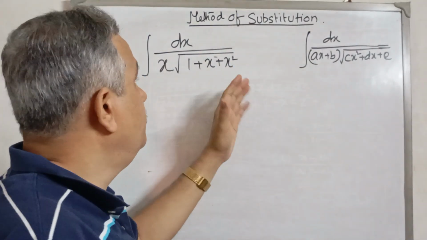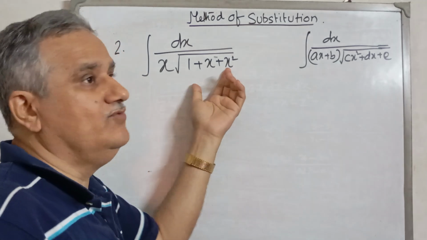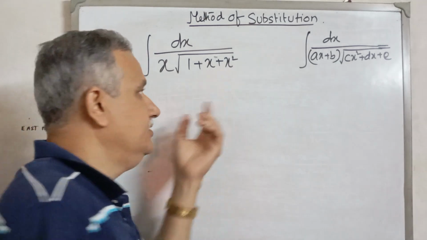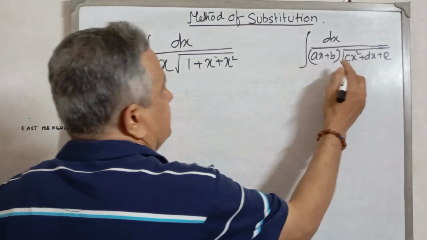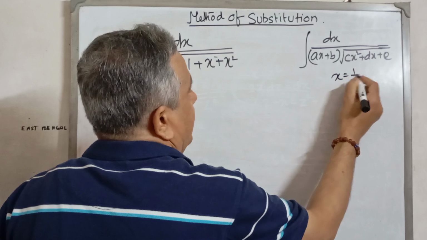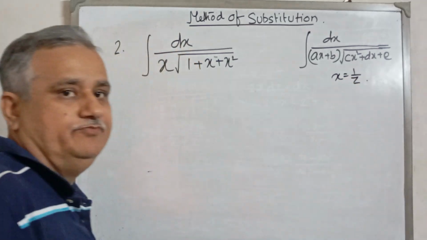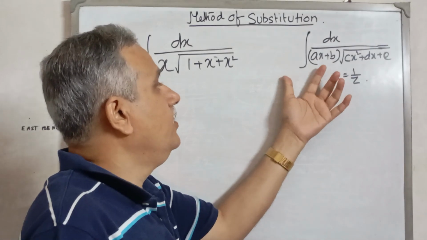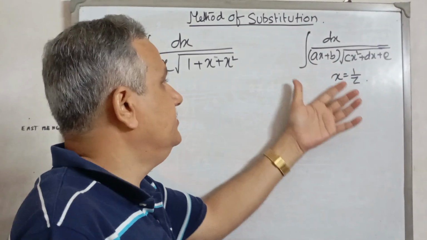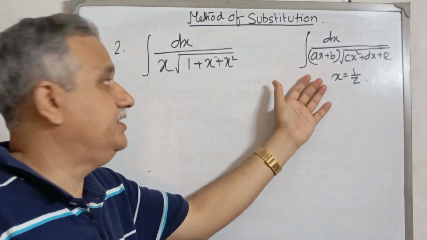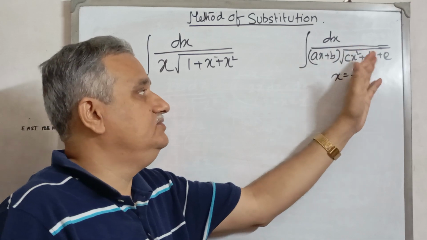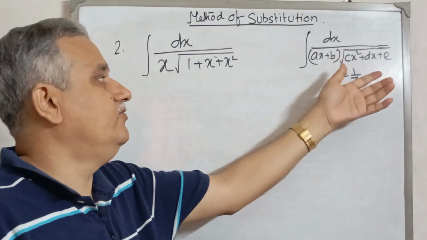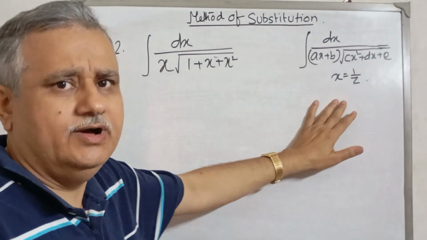Outside is a linear form and inside the root is a quadratic form. Then we have to put x equal to 1 by z. Simple, we get the standard form. So if this type of problem, where one is a linear form outside the root and one is a quadratic form inside the root, then you have to put x equal to 1 by z.